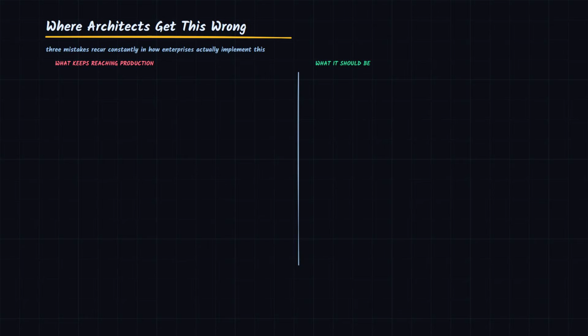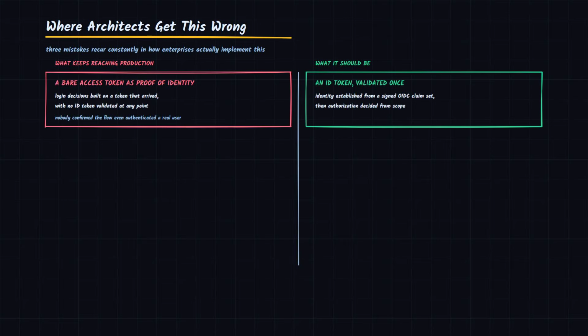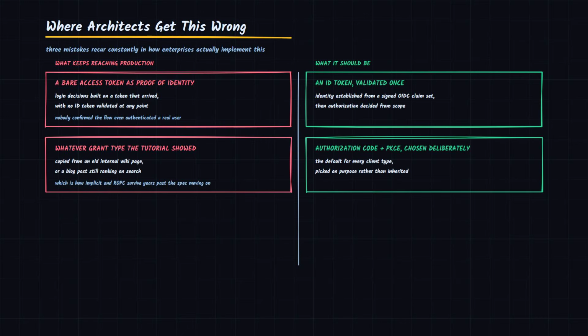The second is defaulting to whatever grant type a tutorial or an old internal wiki page happened to demonstrate, rather than deliberately choosing authorization code with PKCE for anything user-facing, which is how implicit grant and resource owner password credentials keep showing up in production systems years after the specs themselves moved on.